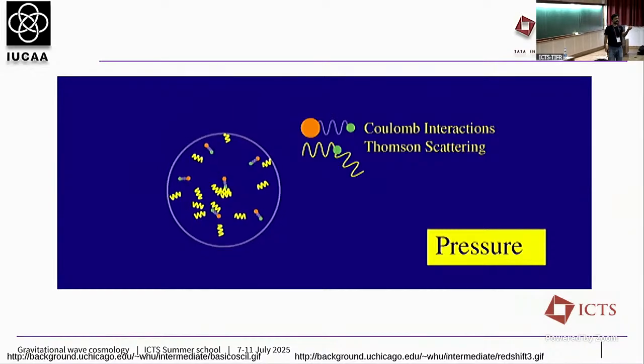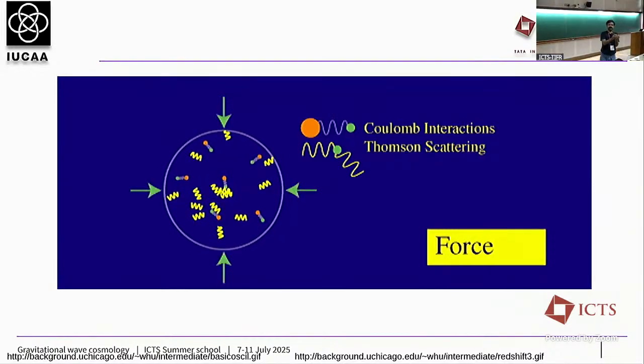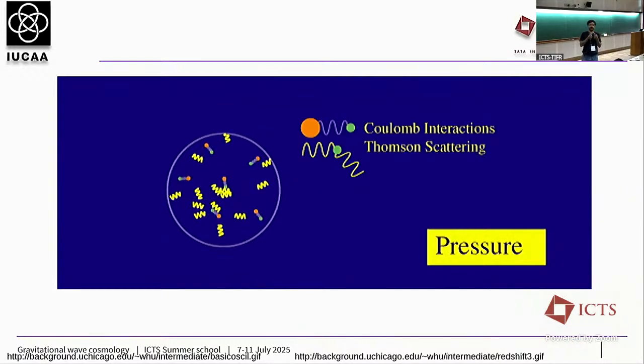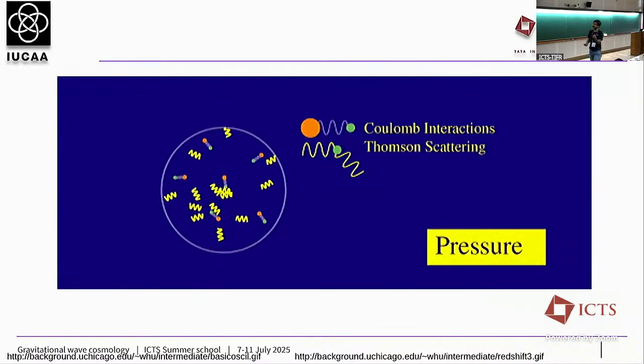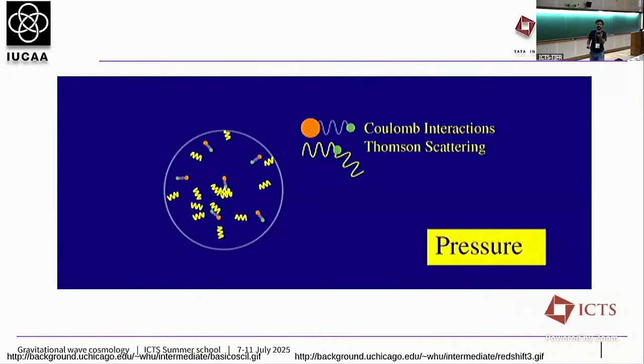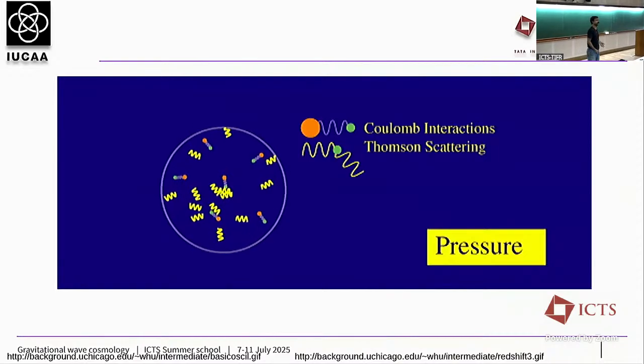But as soon as it clumps a lot, then the photons, which are also coupled with the baryons, start to exert radiation pressure. And so because of this, it cannot keep on condensing. Because of the radiation pressure, it starts to bounce back. Okay, and so this sets up pressure density waves or sound waves in the early universe.